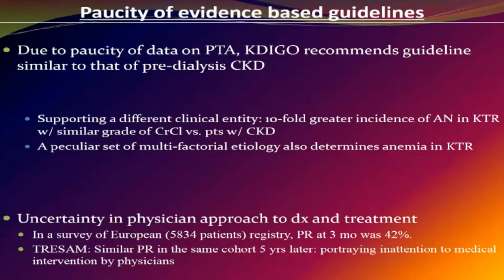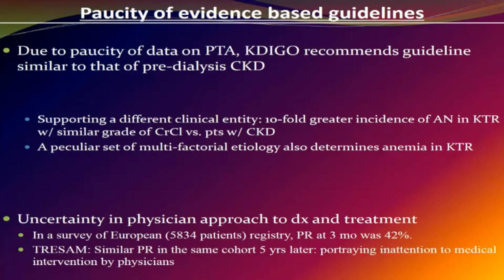A similar survey of the same cohort about 5 years later still found the same prevalence rate. This points to a lot of inattention to medical intervention by transplant physicians.